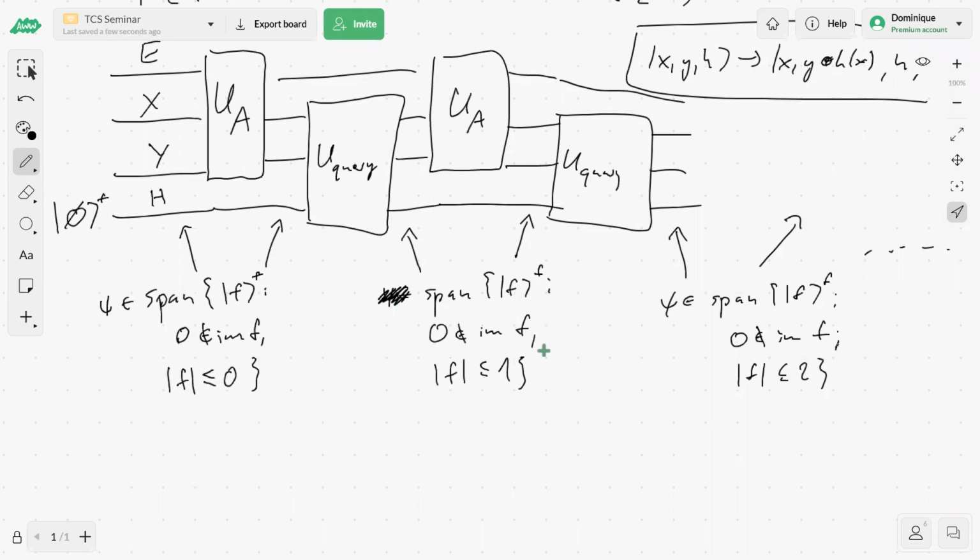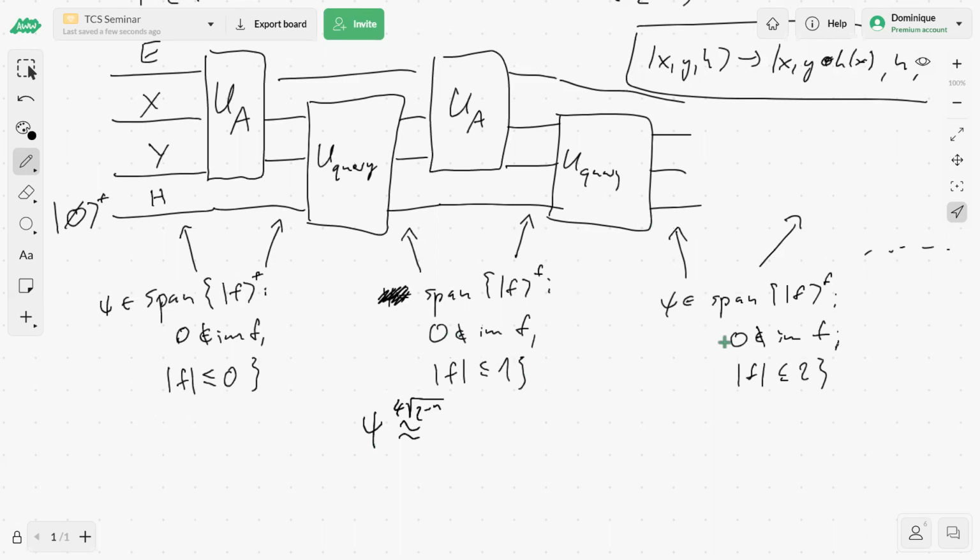So we need to bound how much we deviate from this state. And the answer, I will come to how one proves that, but right now I'm giving you the answer. The answer is that psi is not in there, but psi is 4 times square root of 2 to the minus n away from this invariant. So it means psi is not in the invariant, but psi is close to some state that is in the invariant, and this is the distance.